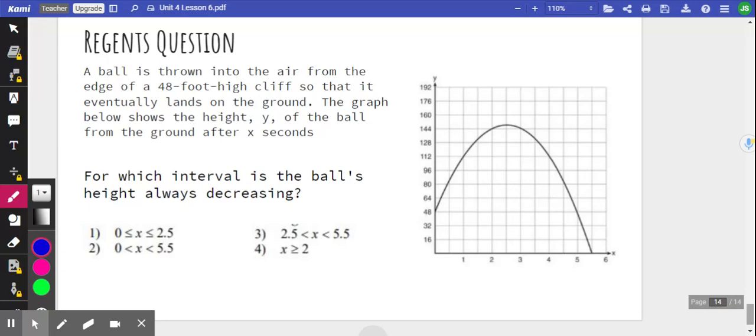Okay, so look at it carefully. Look at the graph. Look at your choices. Which choice is showing where the ball's height is always decreasing?